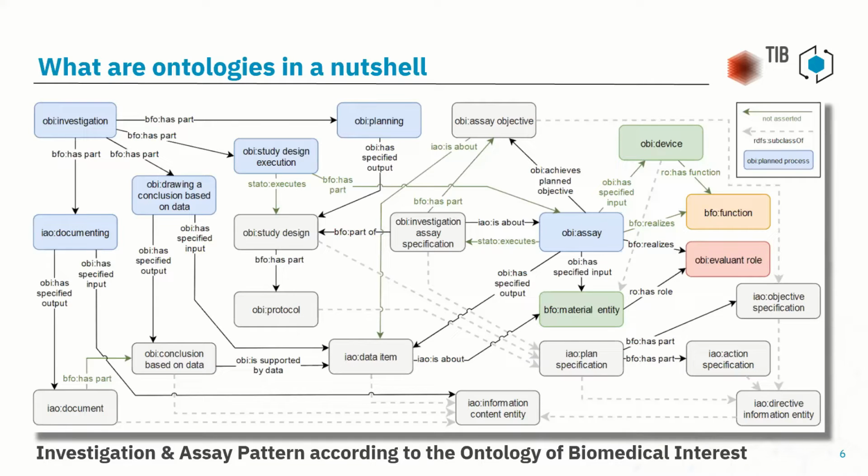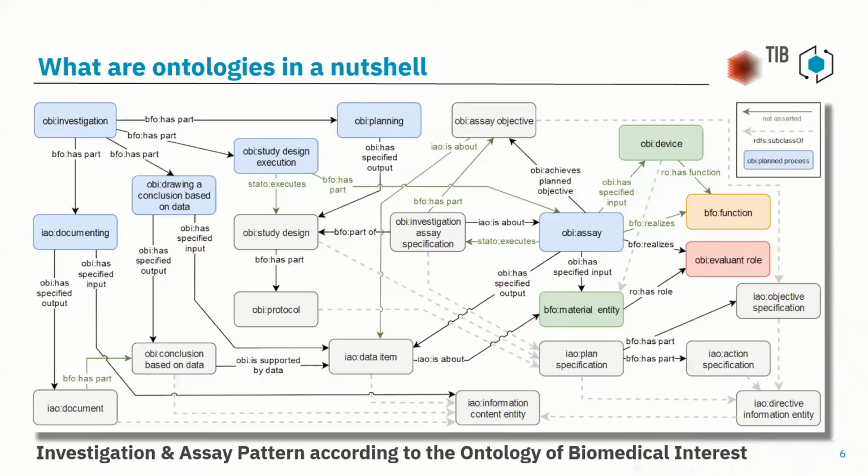This is the pattern for an investigation and an assay, and how an assay is part of an investigation. This is important for us because we like to use this pattern in order to annotate research data to make it more findable and interoperable.